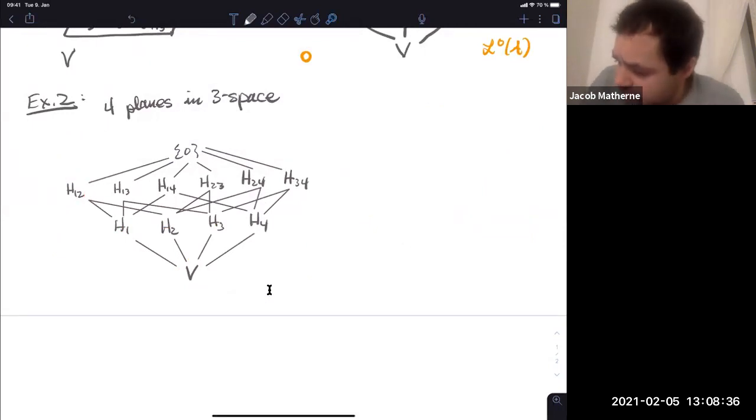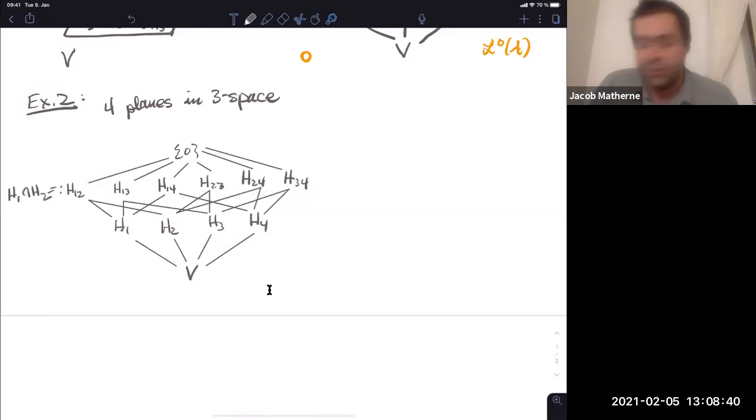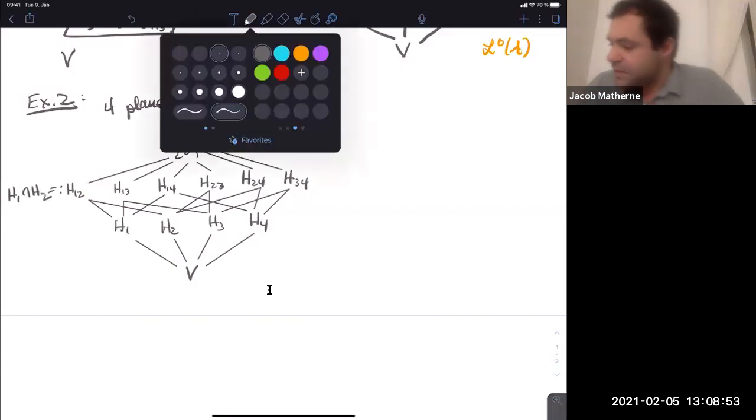So H12 is the intersection of the plane H1 with the plane H2. I can intersect these planes in all possible ways, and I get 6 lines. And now if I intersect 3 of the planes, I get the origin. So this is my lattice of flats in this case.